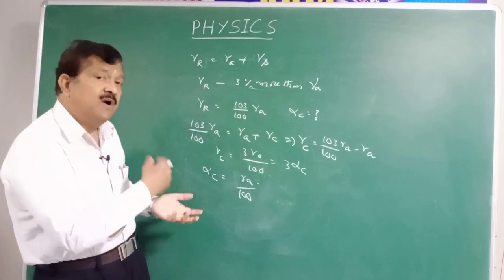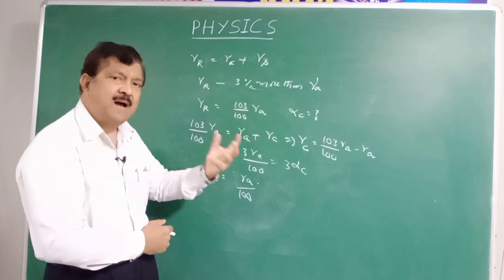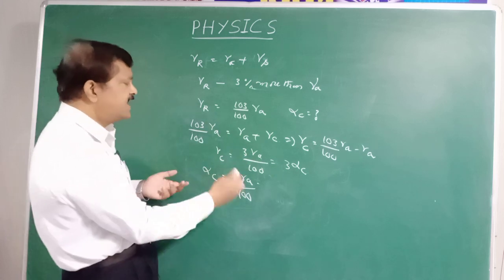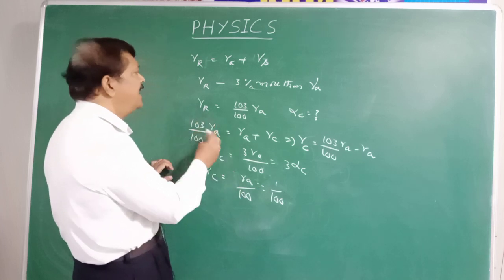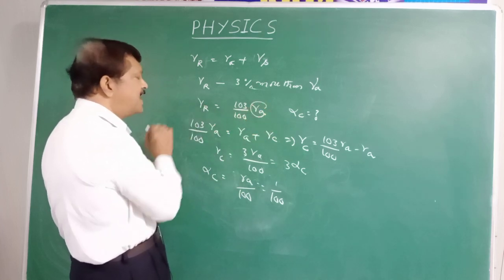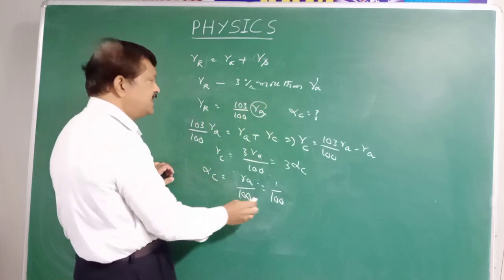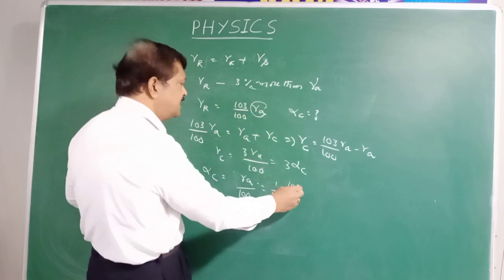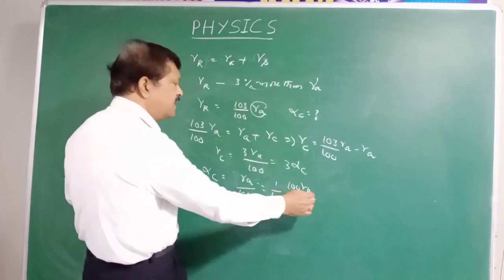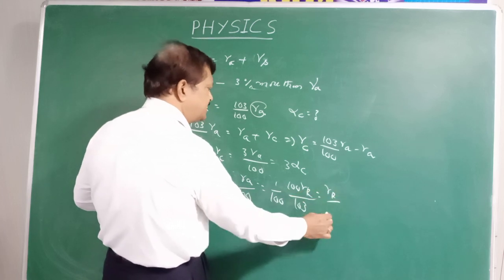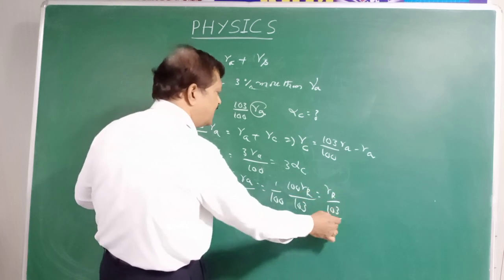But if you want to express this value in terms of gamma R, it will be equal to 1 by 100 times gamma A. Let us express gamma A in terms of gamma R. By cross multiplication, gamma A we can write as 100 into gamma R by 103. When 100 is cancelled, you can write alpha as gamma R by 103.